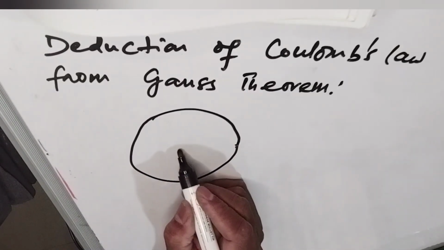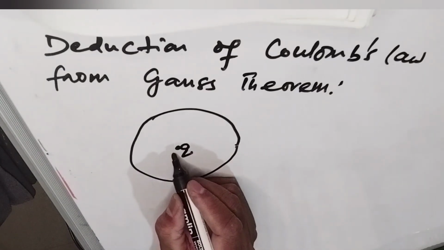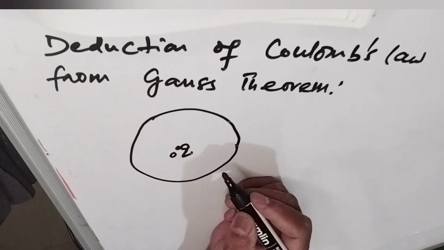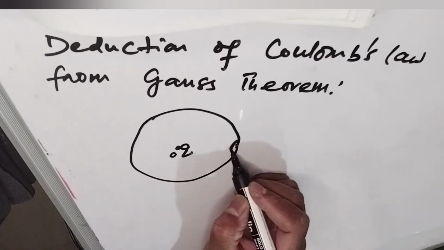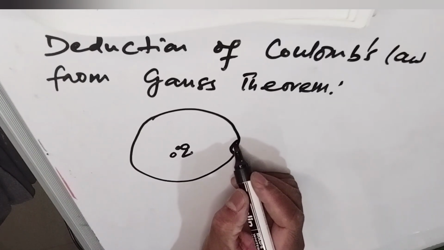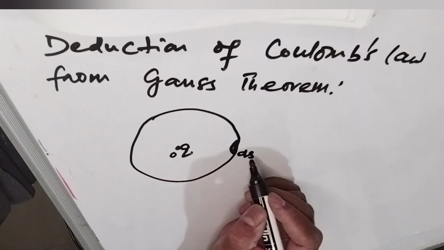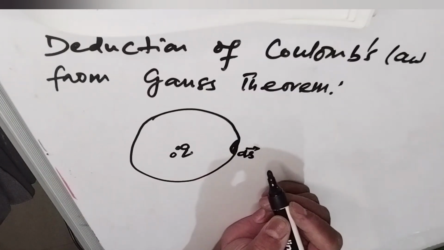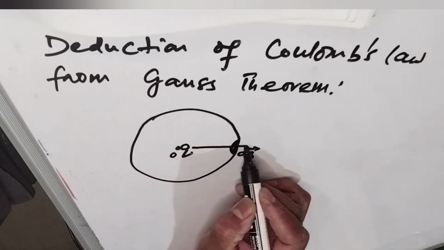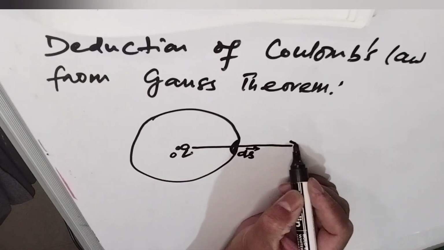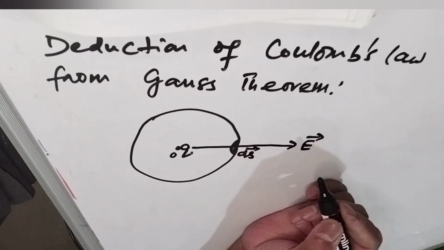Like if there is a point charge q located at the center of the origin and you are taking one portion here, say a ds portion in vector form, and the electric field which will be acting here, E vector, right?